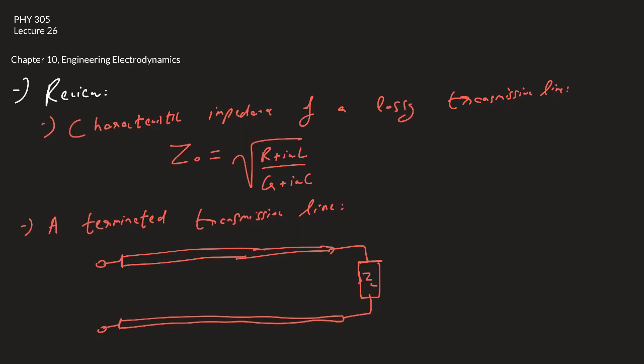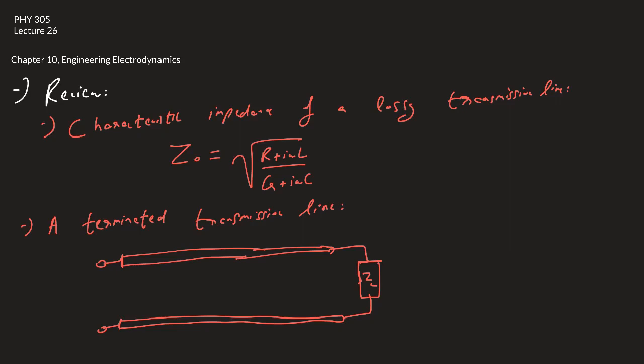In the first two lectures on transmission lines, we basically saw how to just analyze the transmission line itself. And what we did last time was that we added a further load at the end, and then we saw what the effect of the load is.